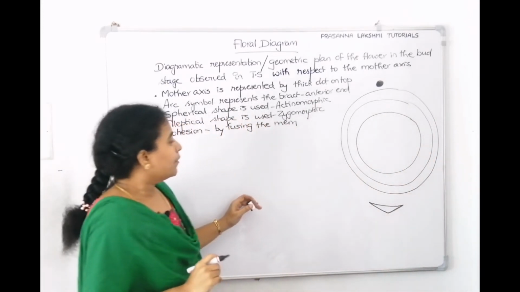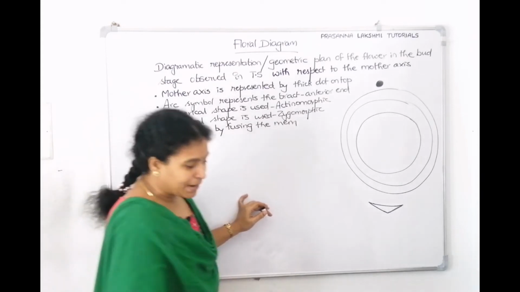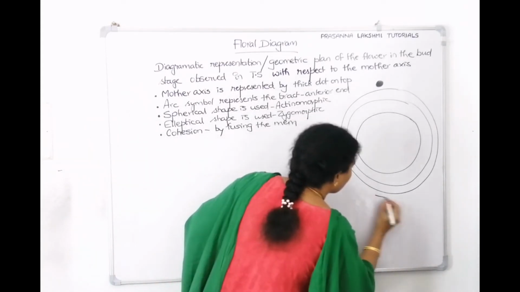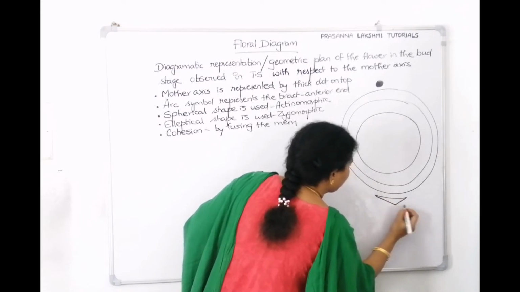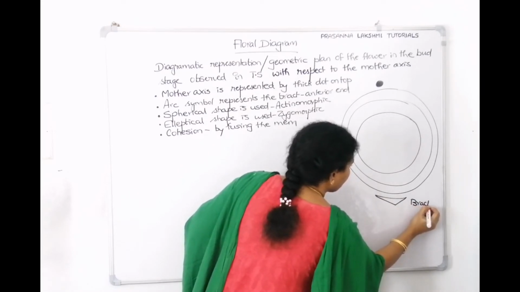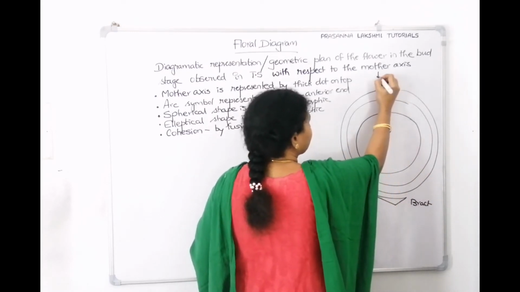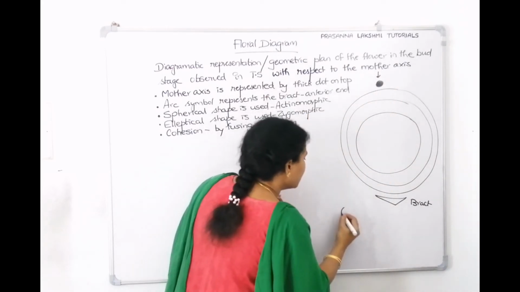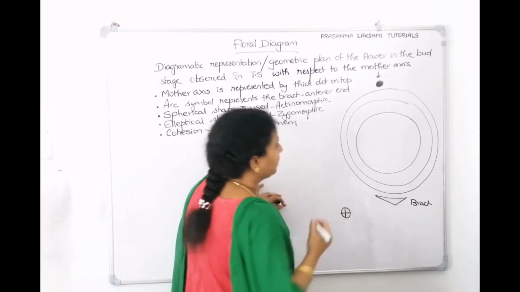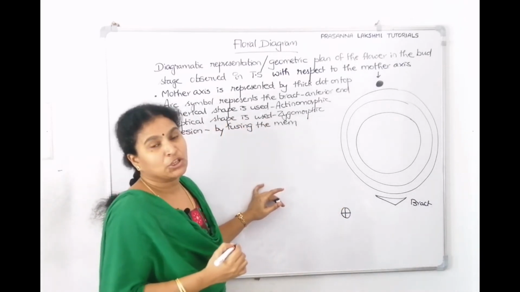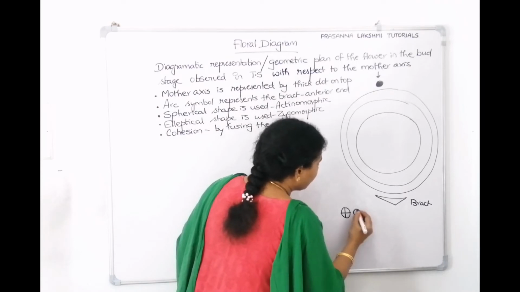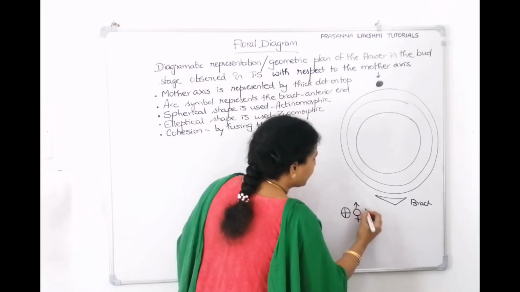Now, the floral formula for Brassicaceae, I already wrote. This is the bract and this is the mother axis. We wrote circles, that means it is actinomorphic. Then we told it is bisexual, means it has androecium and gynoecium both. That means actinomorphic, bisexual, this symbol.